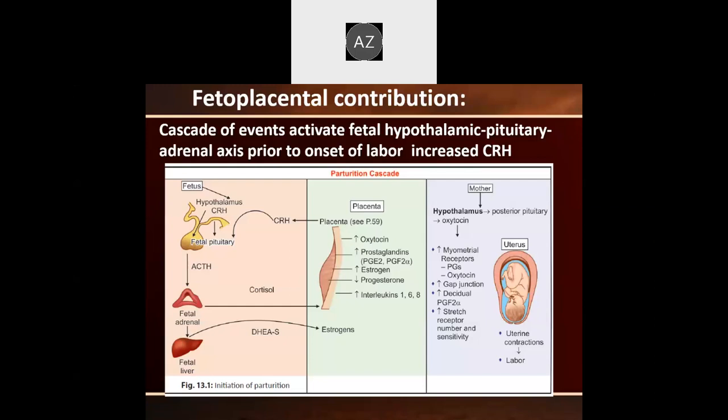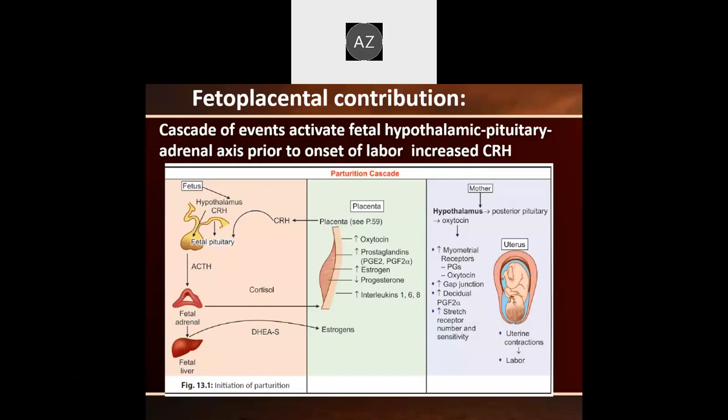So when we're going to have oxytocin production from the placenta, we're going to have increased oxytocin production from the mother as well, because it is a positive feedback looping system. So the myometrial receptors that were increased from the cortisol effect, we're going to have action of oxytocin on its receptors, and the contraction is going to increase.